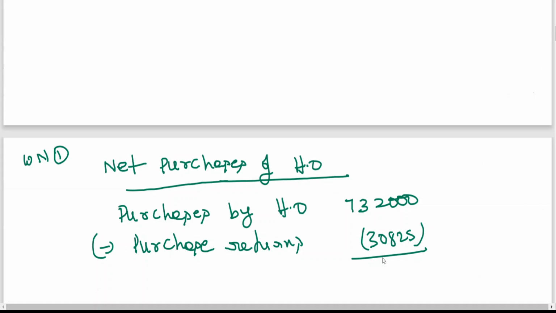7,32,000 minus 30,825. It is coming to 7 lakhs 1,175.